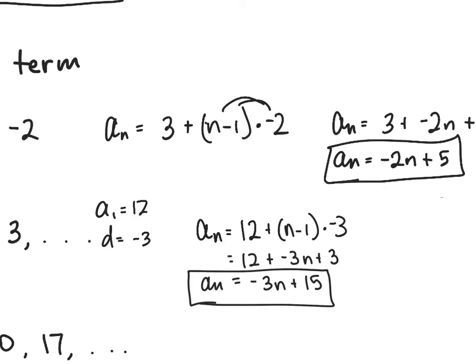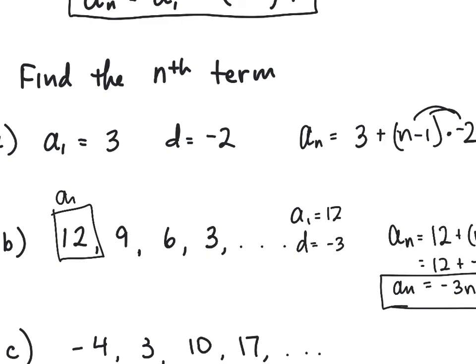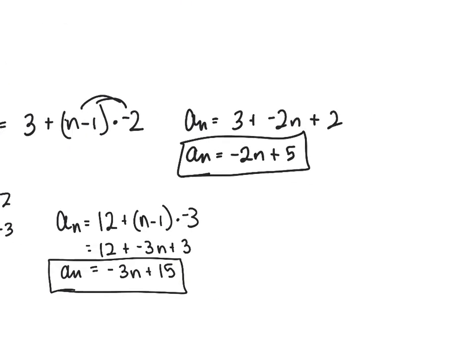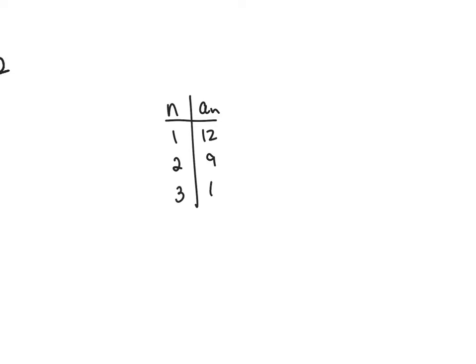When I say linear, meaning that their graphs are lines with slope and a y-intercept. So taking this sequence here, for example, 12, 9, 6, 3, let me get a little bit more space. So when n was 1, we had 12. When n was 2, we had 9. When n was 3, we had 6.